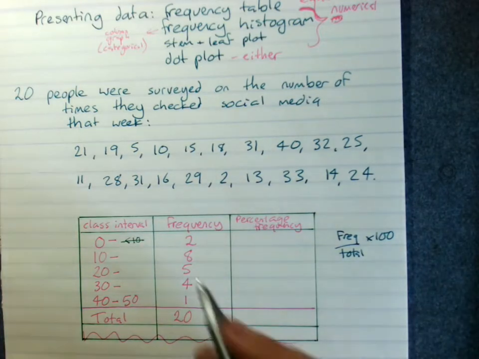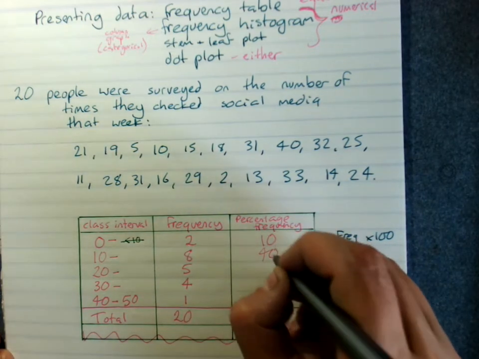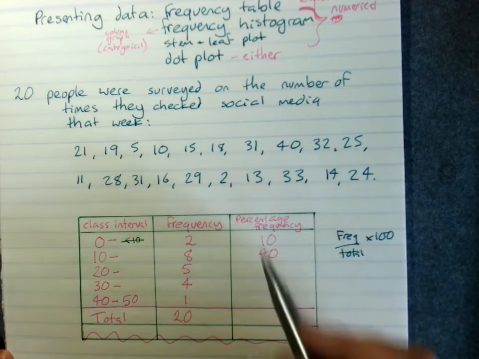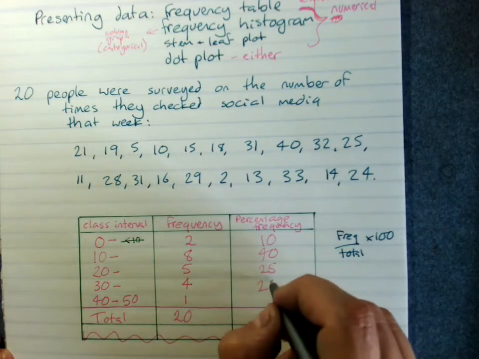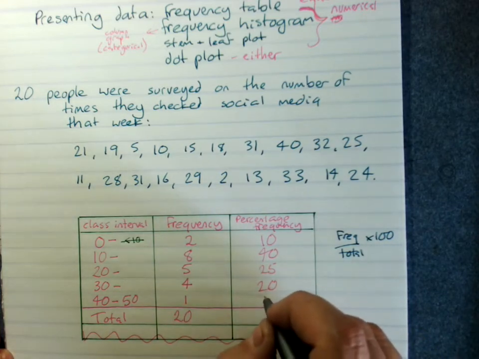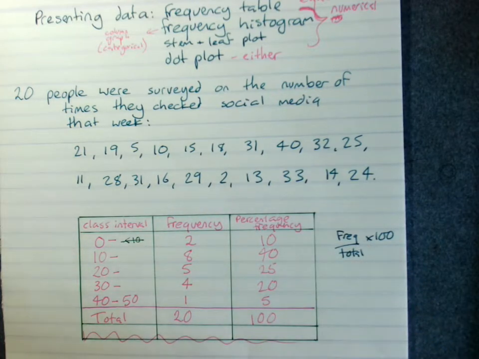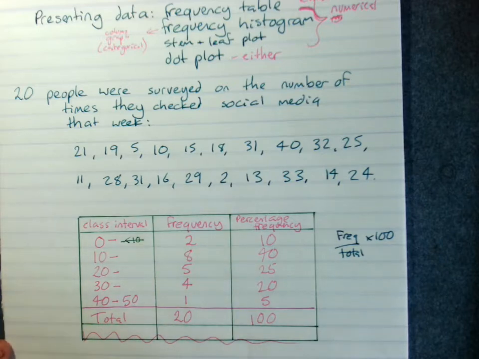So of course 2 out of 20 is 10%. 8 out of 20 is 40%. You could use your calculator, of course, if you need it. You don't need to show any working because it's a table. 4 out of 20 is 20%, and 1 is 5, and that would, of course, add up to a total of 100%. So this is a frequency table with a percentage frequency column.